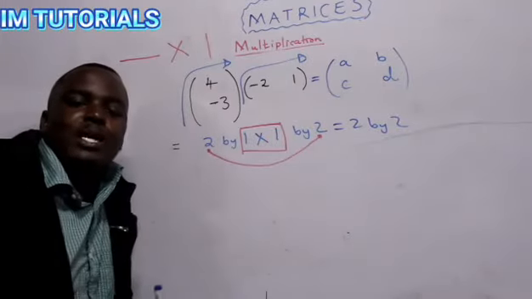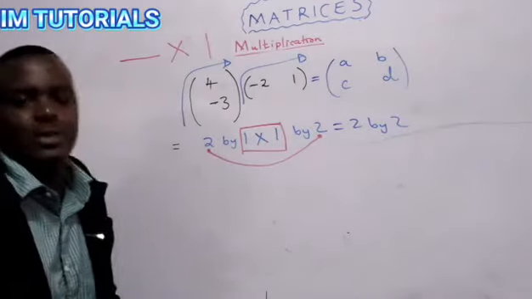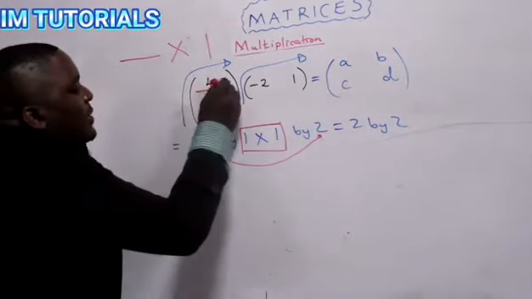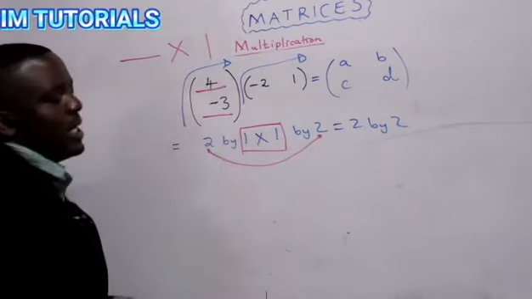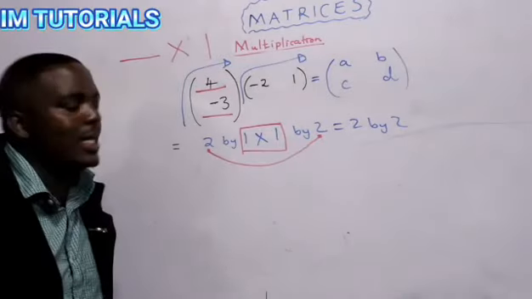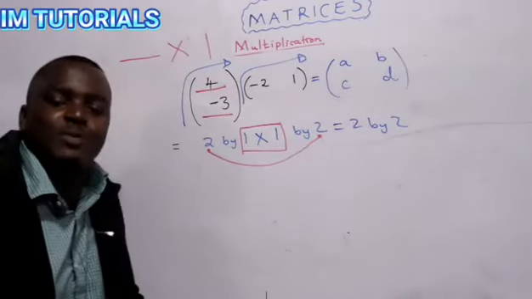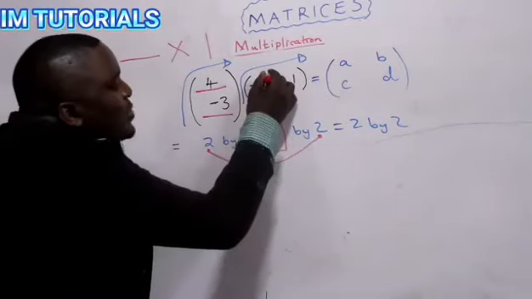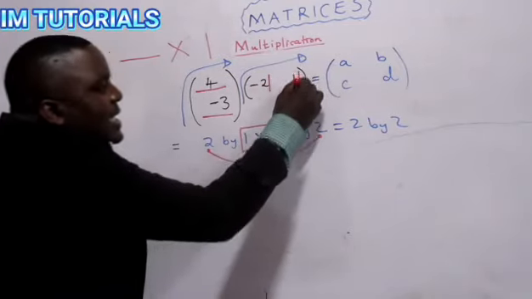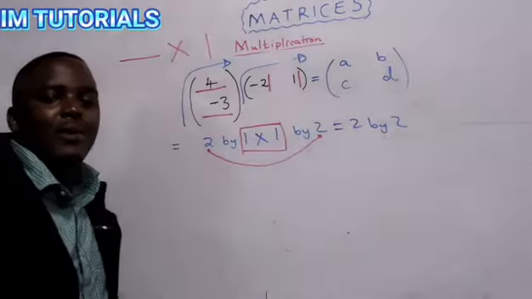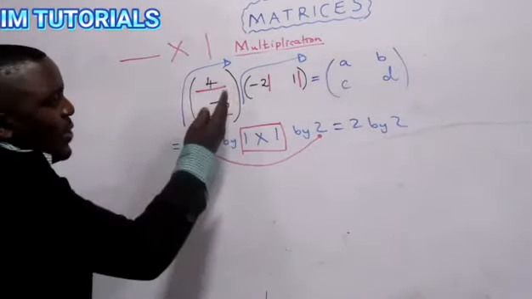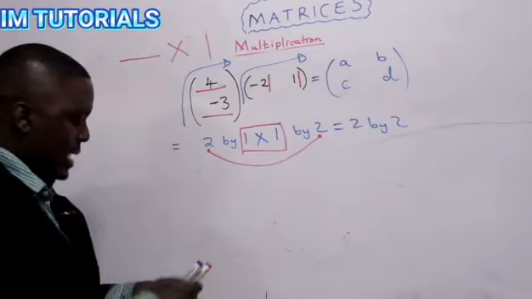Because in the first bracket we don't have columns, but we have rows. So the first row is 4 and the second row is minus 3. I hope you are listening. Then move on to the second bracket. In the second bracket we don't have rows, but we have columns. So minus 2 is the first column and 1 is the second column. I hope you are following. 2 rows, 2 columns. Right.